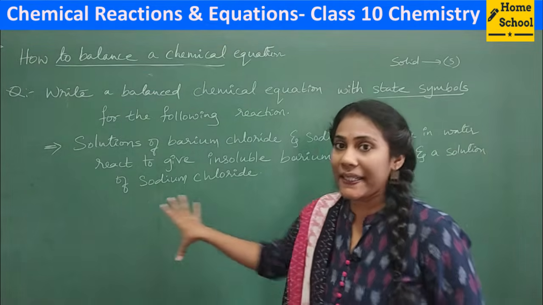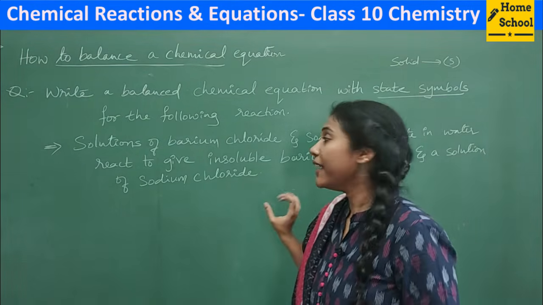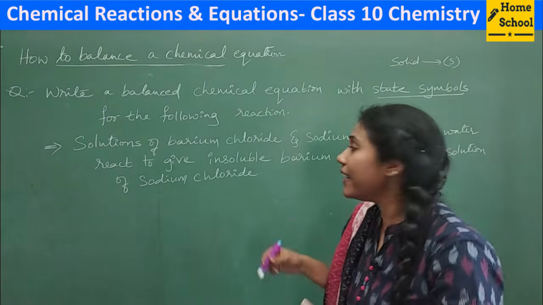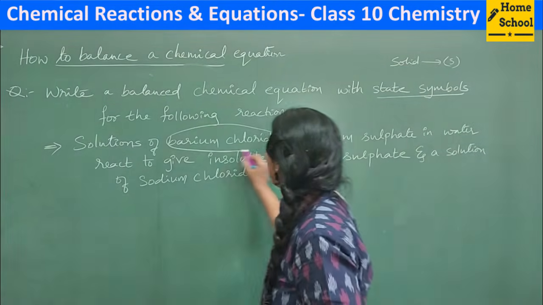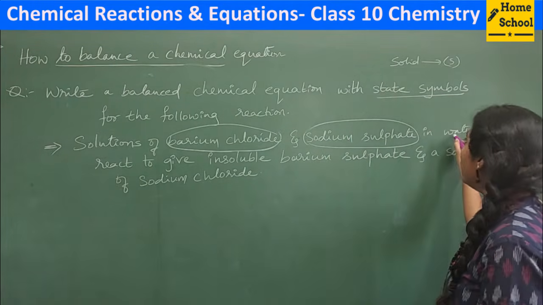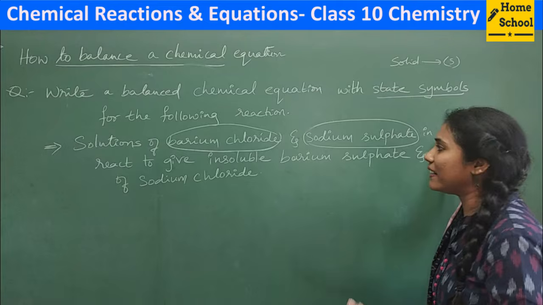First, you try to write the skeletal reaction. Which are the reactants, which are the substances reacting? Barium chloride is reacting with sodium sulfate in water. Water is not the reactant.